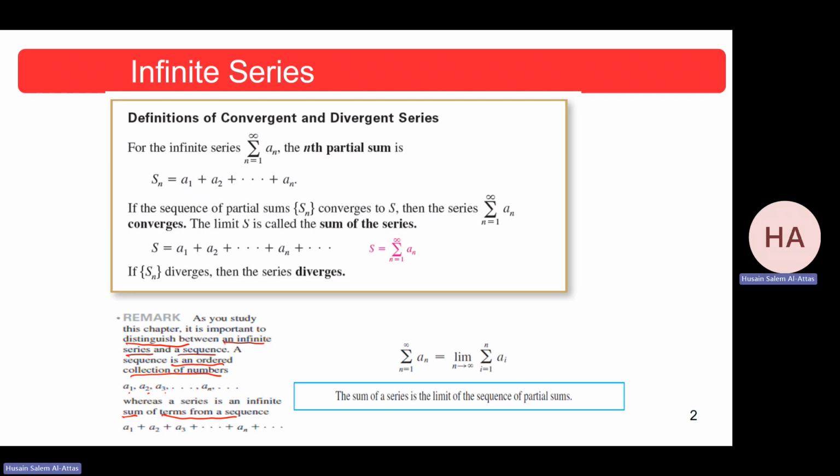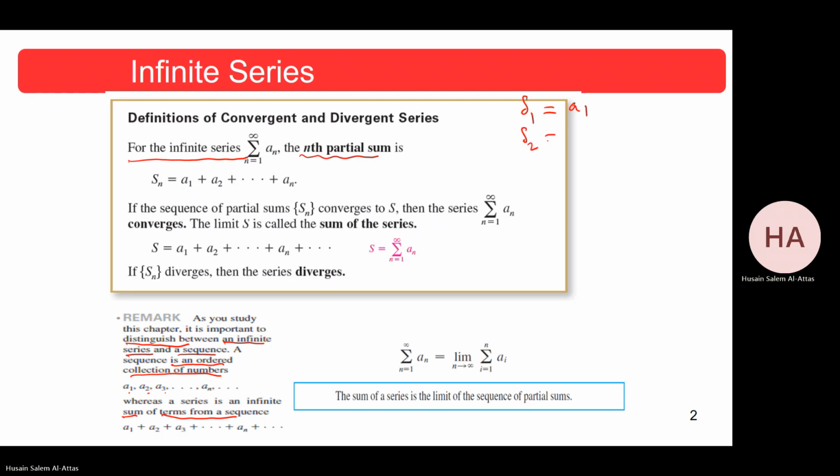Okay. Now, for the infinite series, we usually call it infinite series or series, okay? For the infinite series, we need to discuss the convergence, and we need what's called the nth partial sum. What's the nth partial sum? It's like this. S1 will be A1.